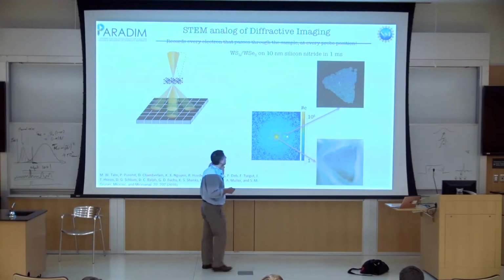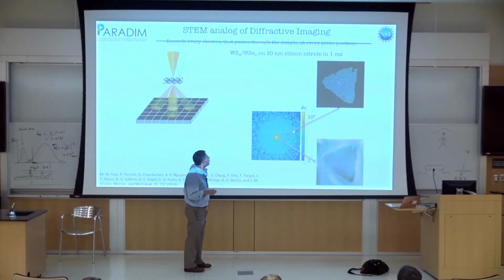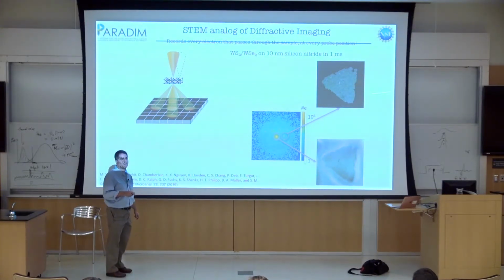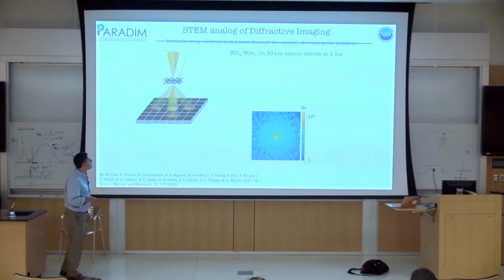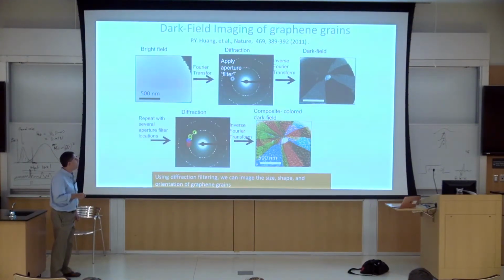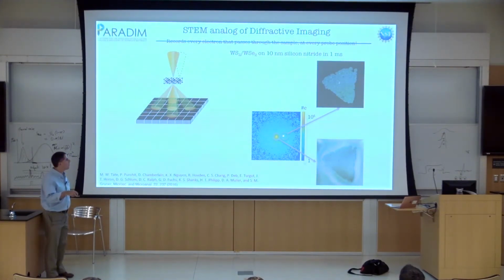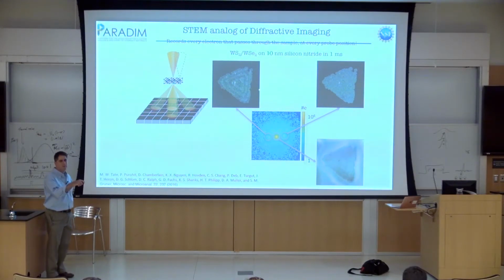If I look at the intensity integrated in one of these diffraction spots, that would be the same as having done one of those dark field images where I had simply selected one aperture over there, and then all the electrons that scattered at that angle showed up. Now I've done that same experiment in STEM mode by looking at the integrated intensity of that diffraction spot there. If I pick a different diffraction spot, I get a different piece of information.